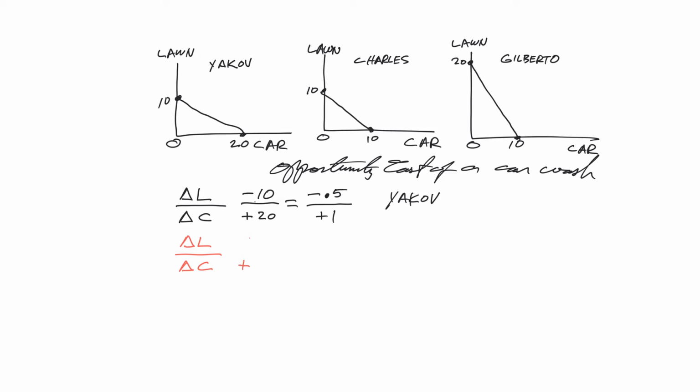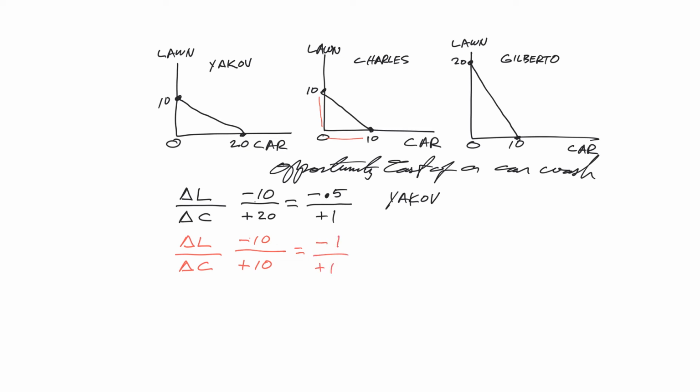If Charles increases car washes by 10, from here to here, lawns go down by 10. Well, what's negative 10 over 10? Negative 1.